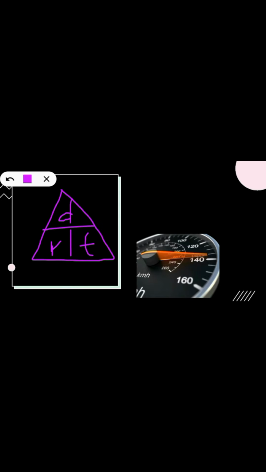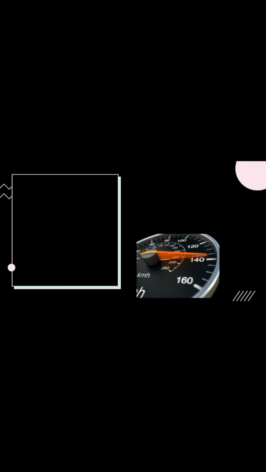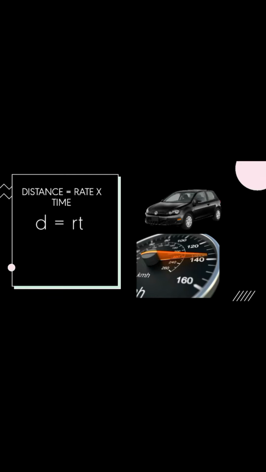And if we are looking for the time, given the distance and the rate, we will just cover T. What remains is D over R. So our formula for the time is distance over R. Those are the formulas that are used in distance, rate, and time problems.